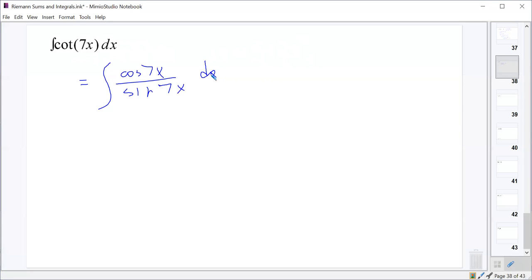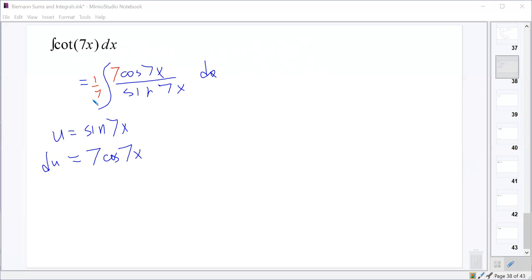And then I'm going to substitute out u equals sine of 7x. So if u is equal to sine of 7x, then what does du equal? 7 cosine 7x, and we don't quite have that, but we almost have that. So we'll just build it in with a 7 and a 1/7.